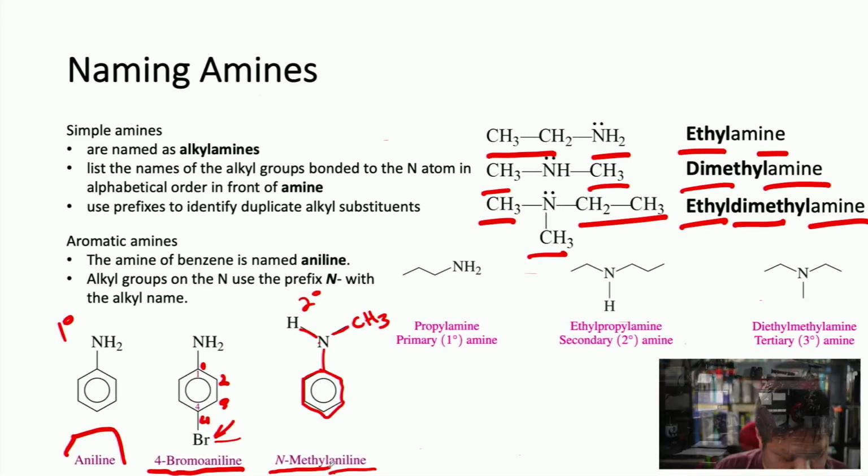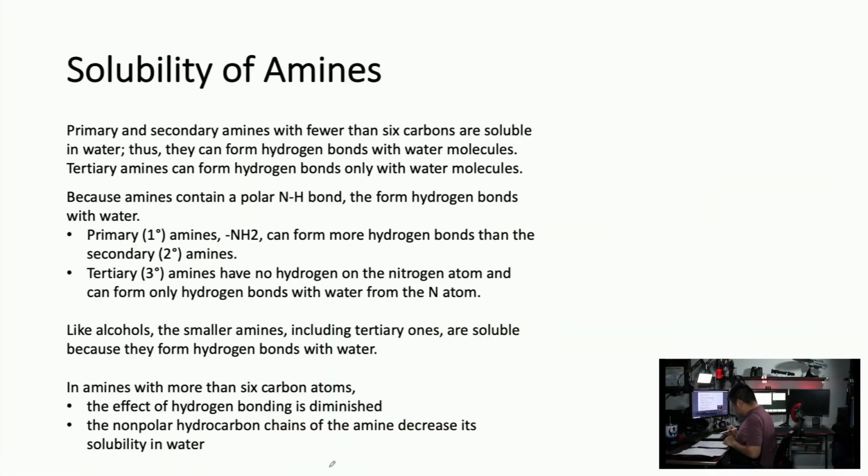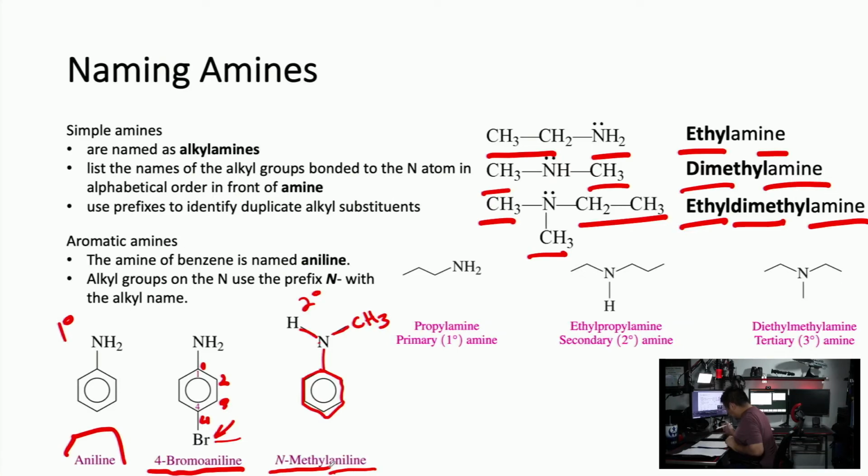Let's keep on going with this. Oh, I'm sorry. Back. Just so you're familiar with the line angle drawings, we have here propylamine, which is a primary amine. One carbon there, two carbons there, three carbons there. So it's a propyl, and then amine attached to it.